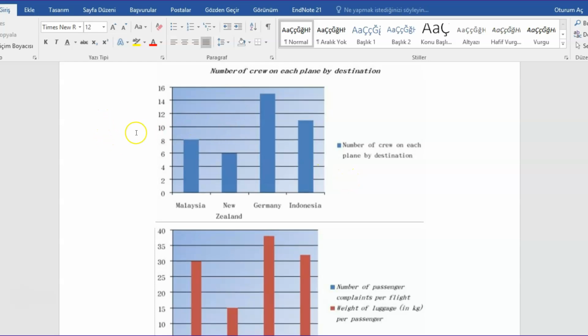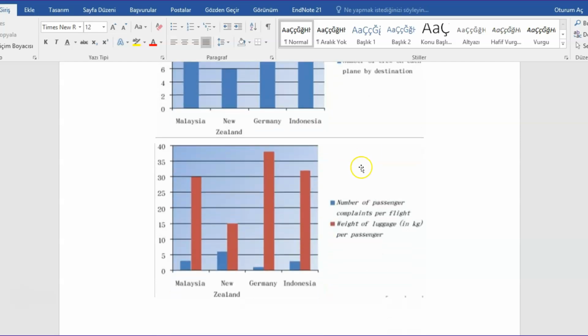And in each specific chart, we see that for the number of crew, the highest is for Germany, the lowest is for New Zealand, and after Germany come Indonesia and Malaysia, okay?